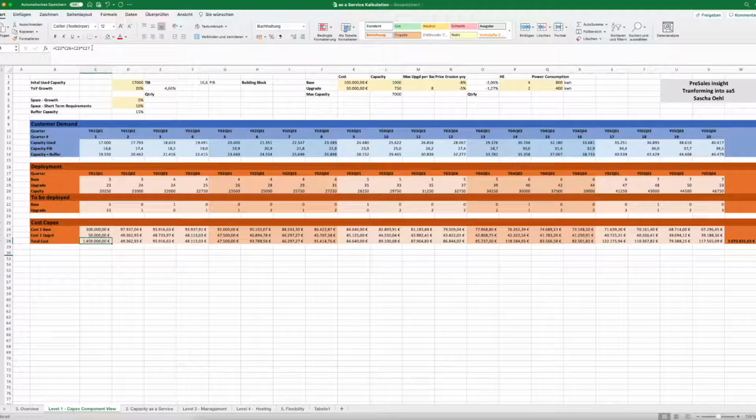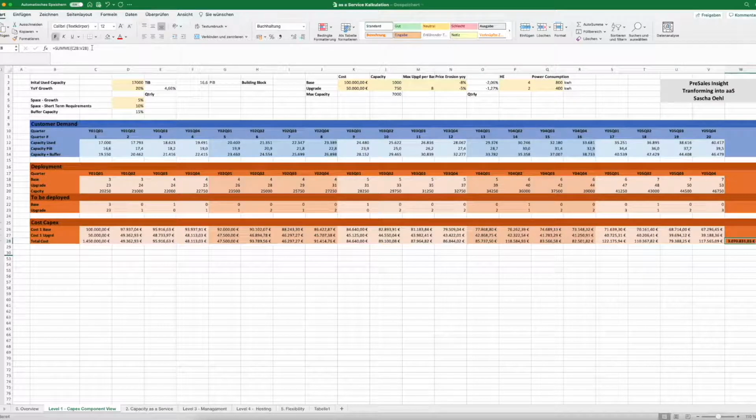In the next step, we are calculating the total cost. To do so, we multiply the number of base blocks with the price of a base block in that quarter and add to it the number of upgrade blocks multiplied by the cost for the upgrade block for this quarter. And this gives us then a cost that we have to carry each quarter to cope with the customer demand.